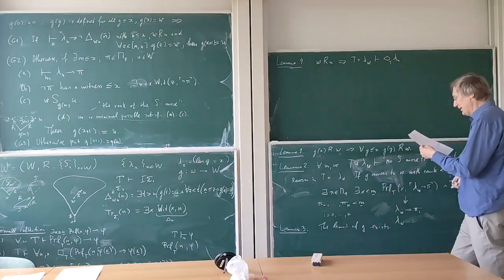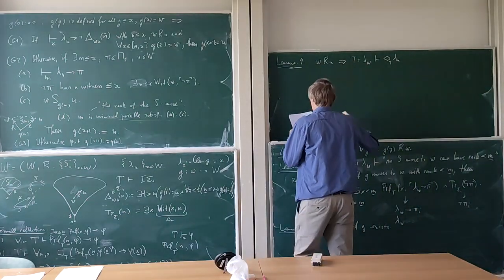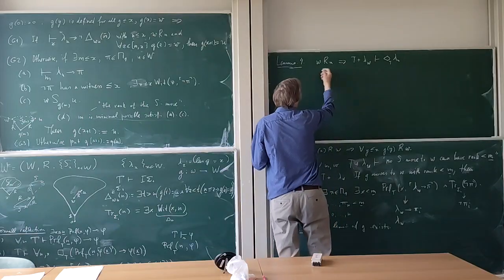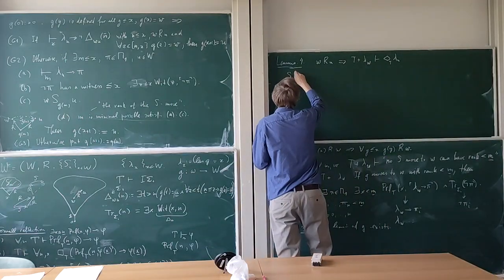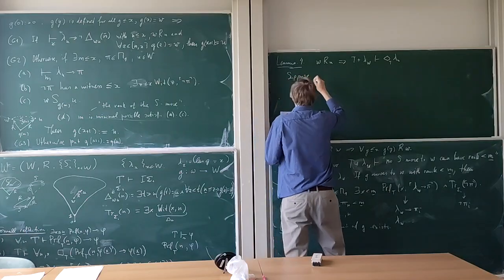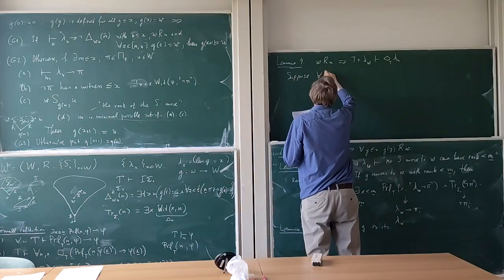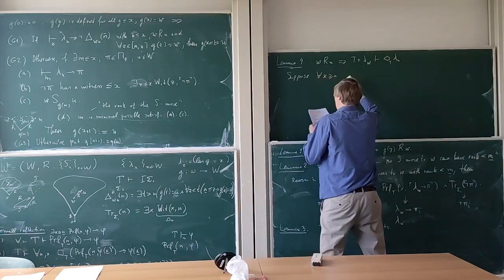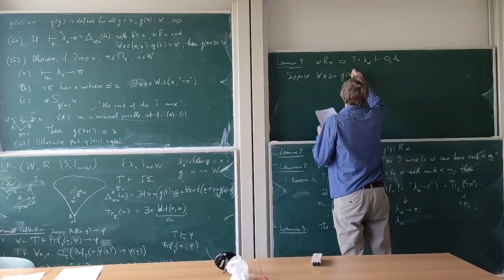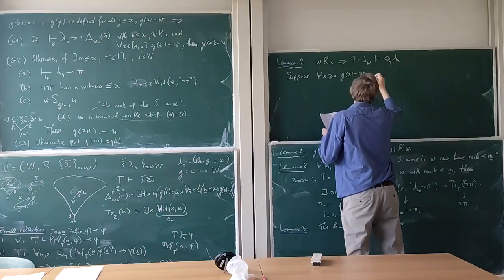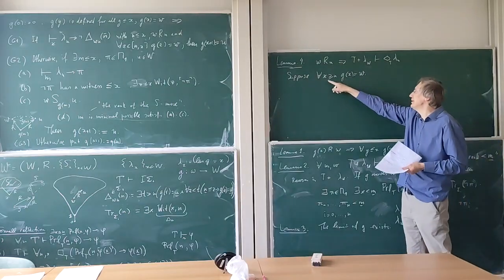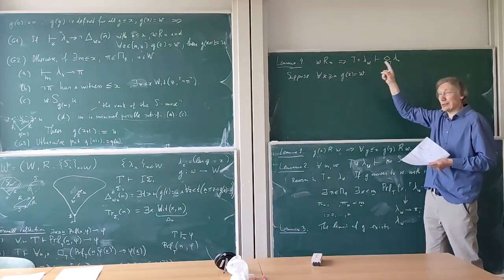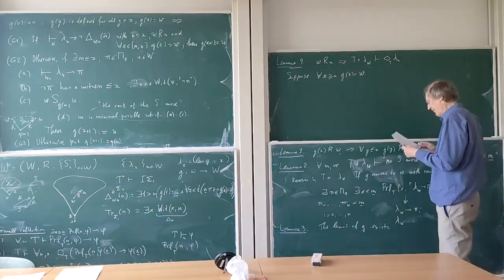Okay, so this one is easy. So suppose, again, we reason in this theory. Assuming lambda w, there exists an n so that for all x bigger than n, g of x is w, that is, after n the function is w.